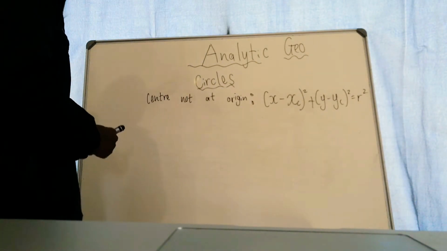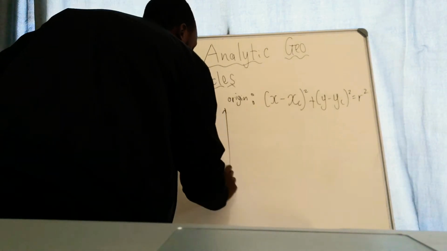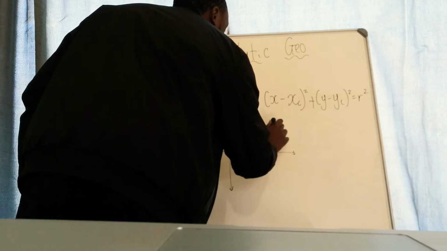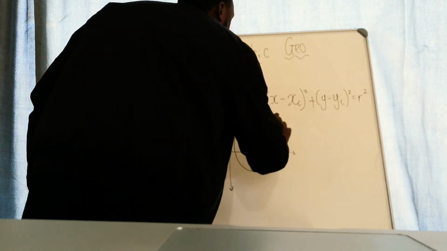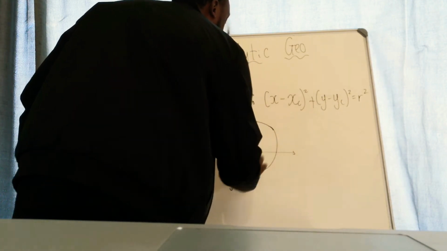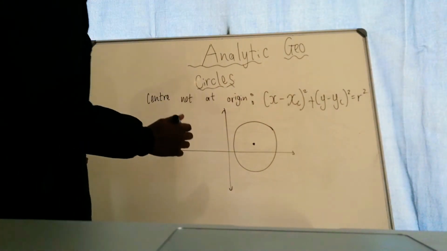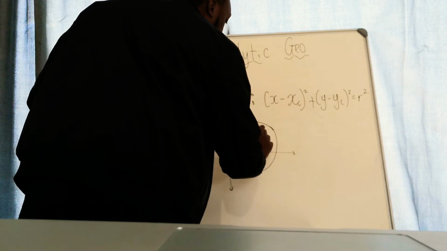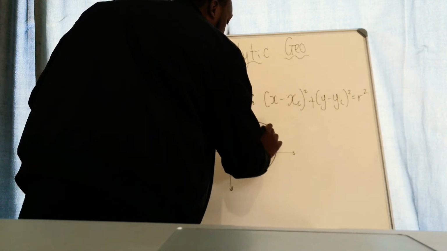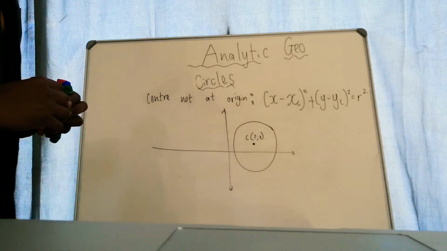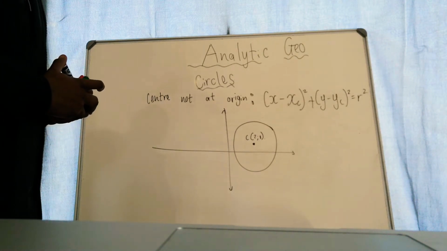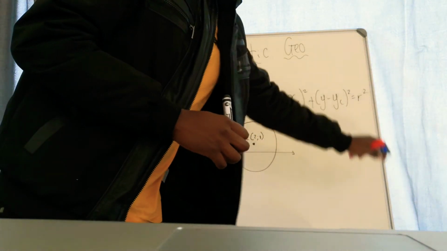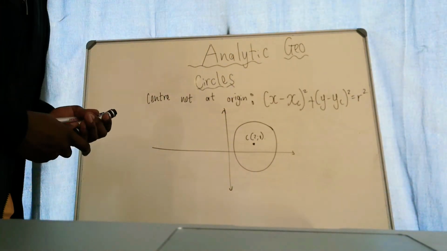So let me give you an example. Let's say we got that as the circle, right? And the coordinates of C, the center there, are given as 2 and 1, right? And we're asked to find the equation of the circle.